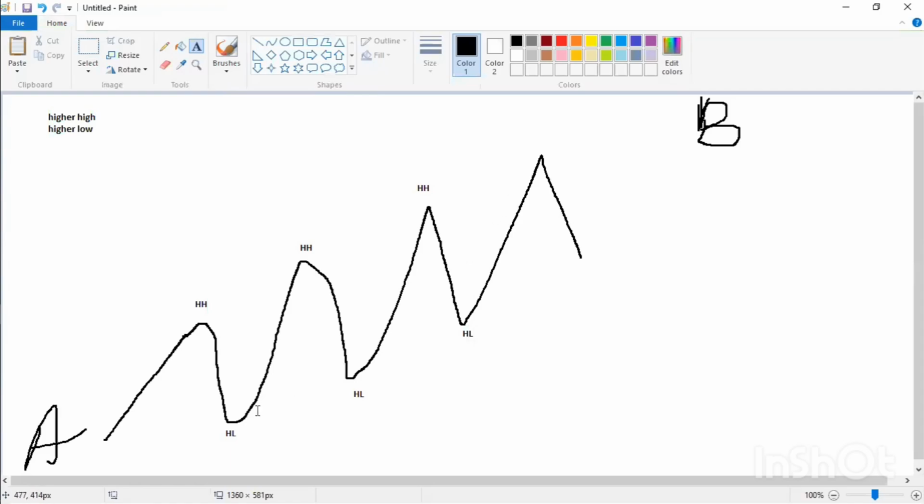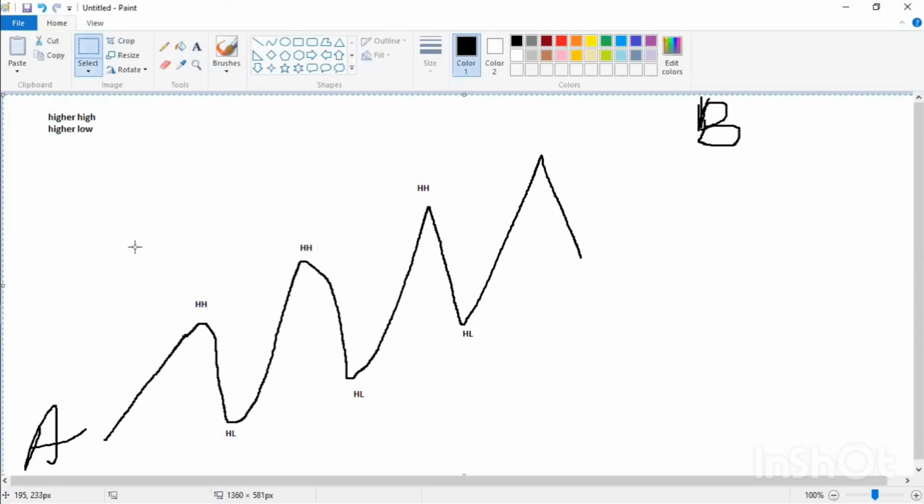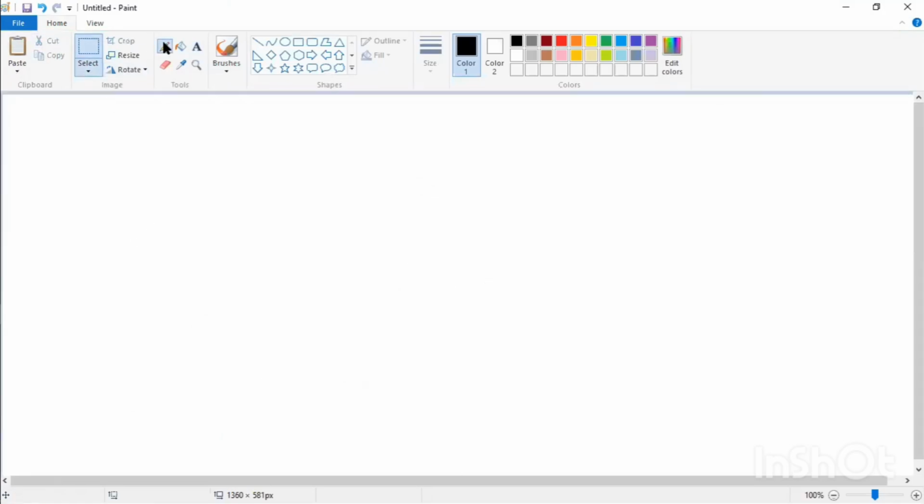So that's how the market moves. When the market is going up in an uptrend, we're getting higher highs and higher lows. So now let's go deeper. When we have higher highs and higher lows, what are we looking for?